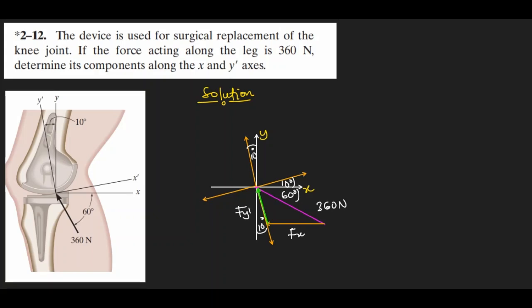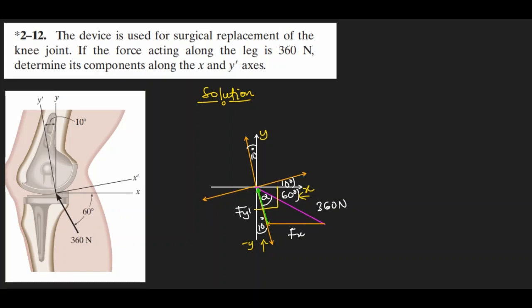Now let's look at what you are going to do next. You are going to find this angle here. Let's name it angle alpha. So let's look at how you are going to find that angle. The angle between the negative y-axis and the x-axis should be 90 degrees. But we know this side is 60, this side is 10.